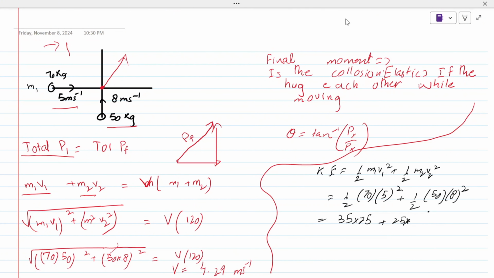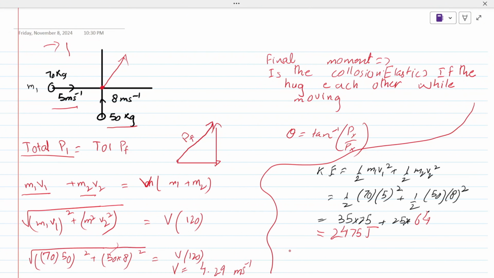By calculating it, the total energy would be 35 times 25 plus 25 times 64, which is 2475 joules.